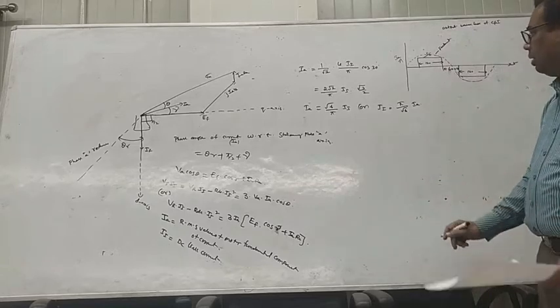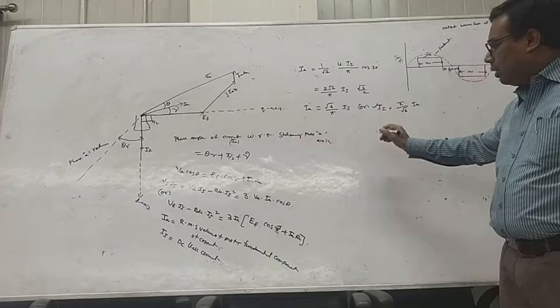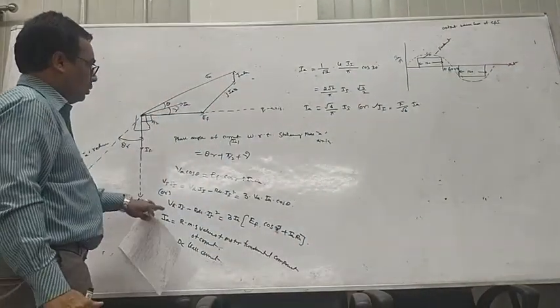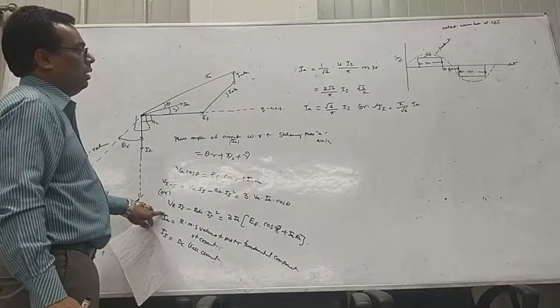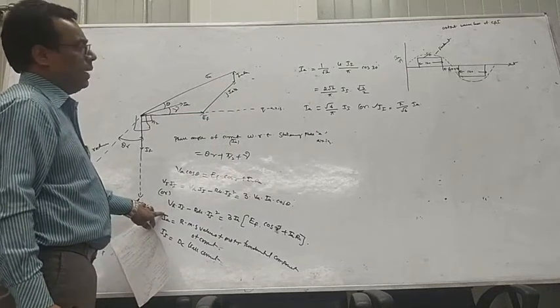Now substitute the II value in this particular equation. II is replaced by pi by root 6 into IA.